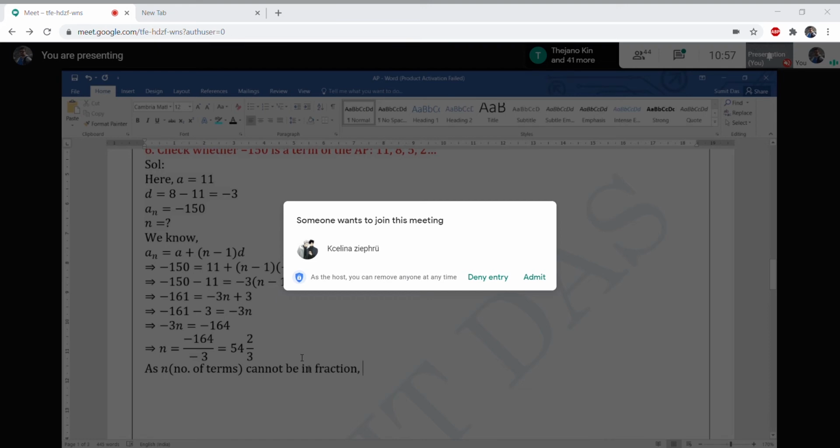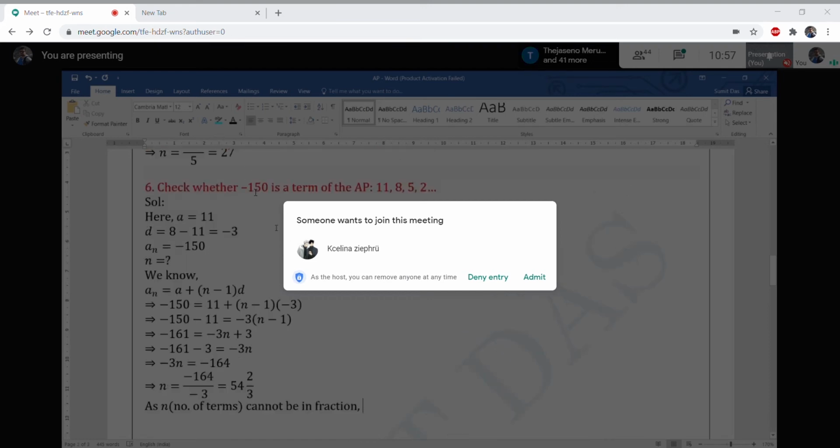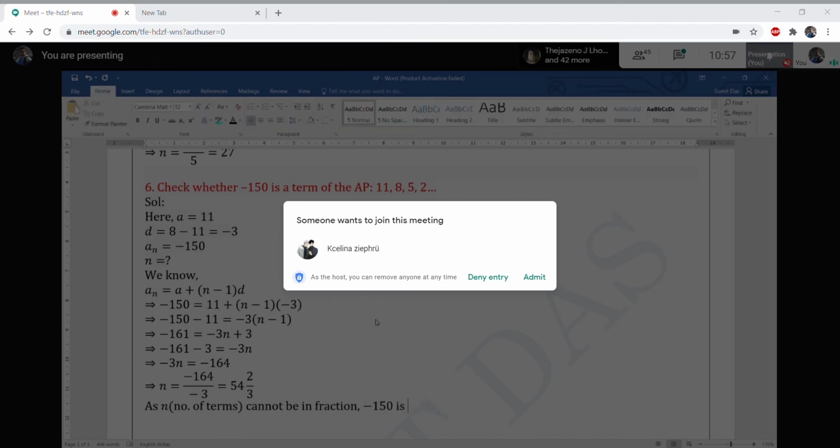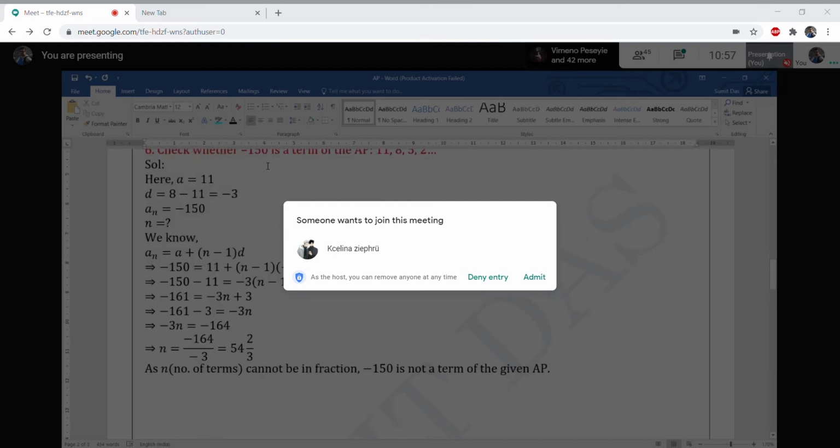So n cannot be a fraction, that means minus 150 is not a term of the given AP. Of the given AP, minus 150 is not a term. Fine.